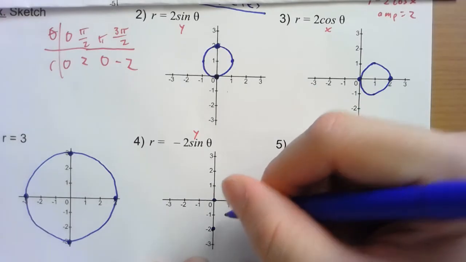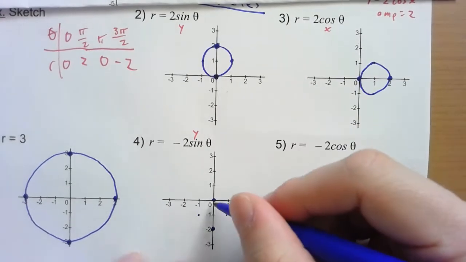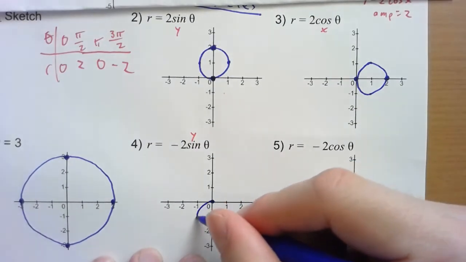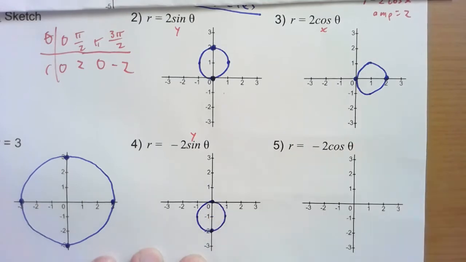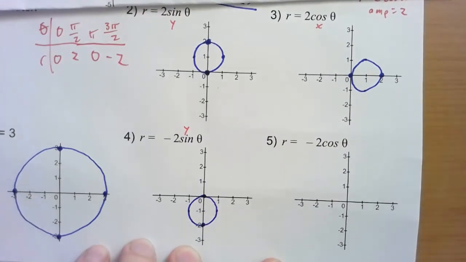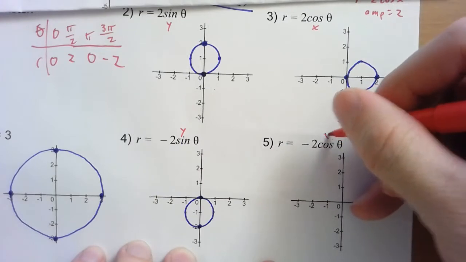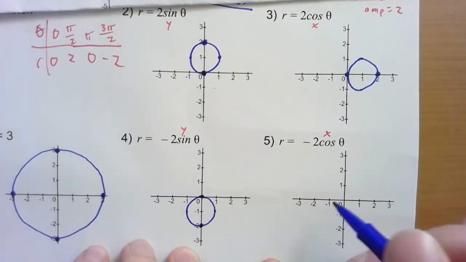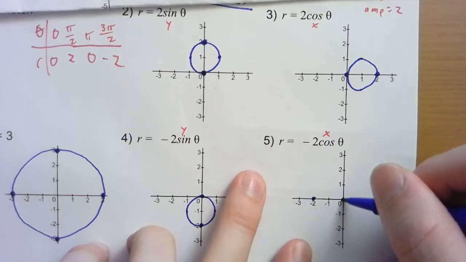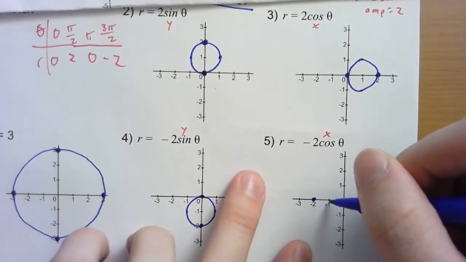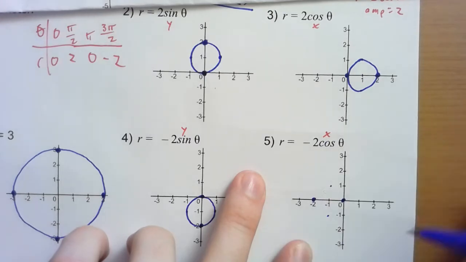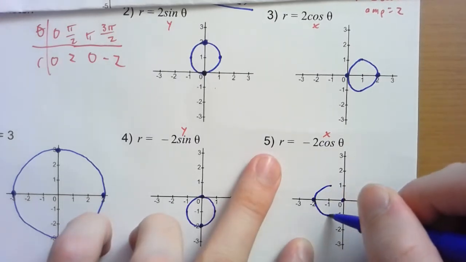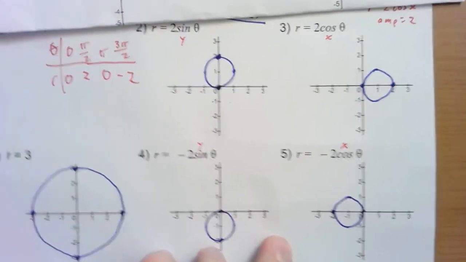Again, we'll go a radius of 1 from the center for the rest of the endpoints of the circle there, and draw the circle. Now we've got cosine, so it's going to be on the x-axis. Negative means go to the negative side of the x-axis. So there's my endpoints. Here's my center. A radius of 1 from the center, and so there's my circle.